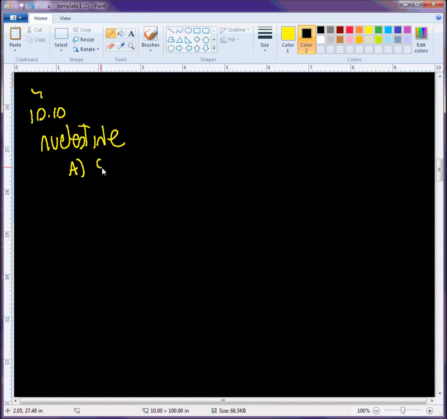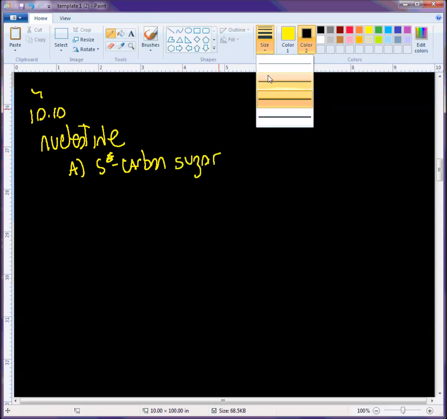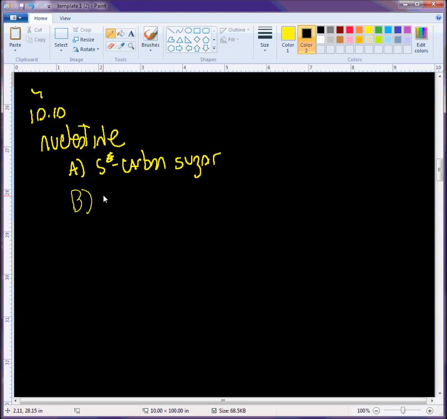Well, we need the 5-carbon sugar, right? Not 5 prime, just 5-carbon sugar. We have the base, the nitrogenous base. There's a lot of nitrogen in there. And we have a phosphate group.